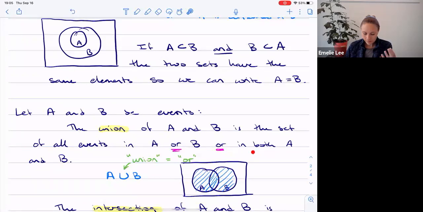But it can be, and that's the definition we're using. How we denote it is A, then a capital U for union, and then B. A union B is how we should technically read it. Sometimes I will read it as just "or," because I find it helpful to have that: A or B.